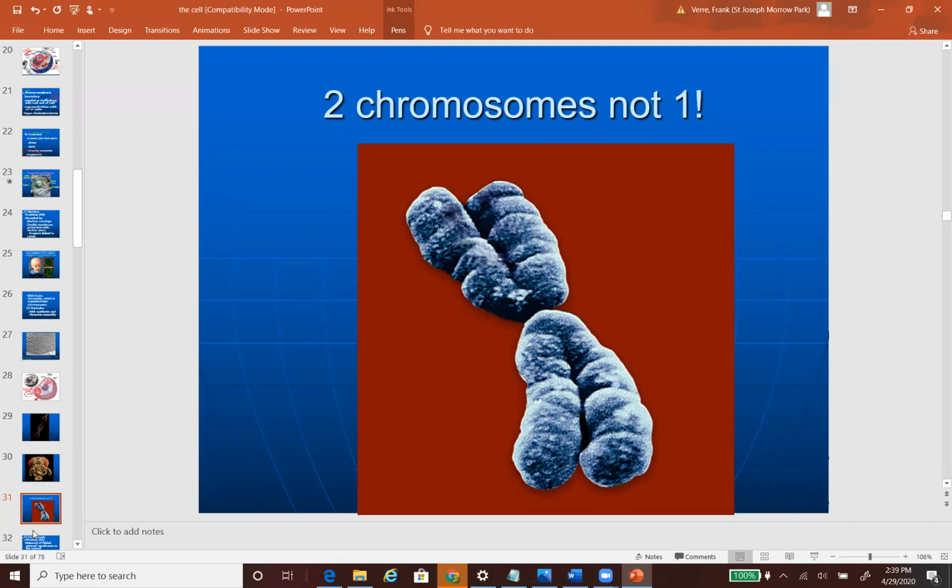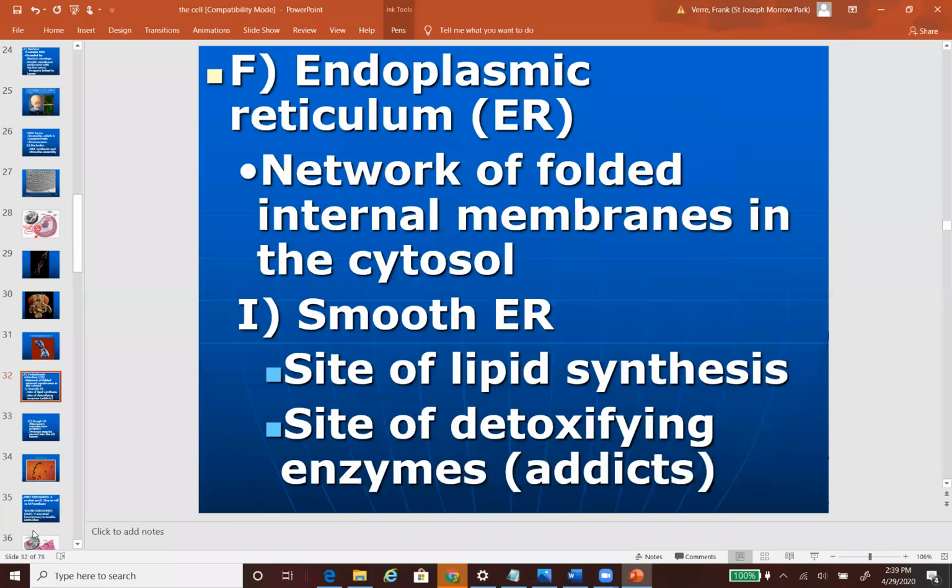So we'll come back to chromosomes. Now, I mentioned that the nucleus has your DNA, the set of instructions on how to make things like proteins. That information is protected by the nucleus, but it has to leave because, like I said, you can't make a pizza in the library, so you can take the information out.